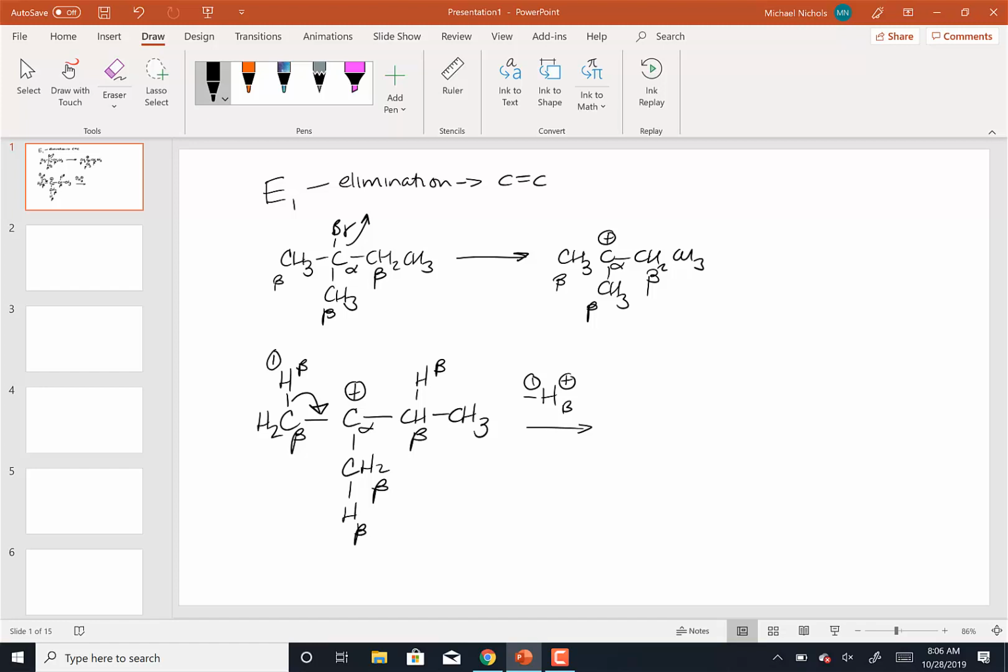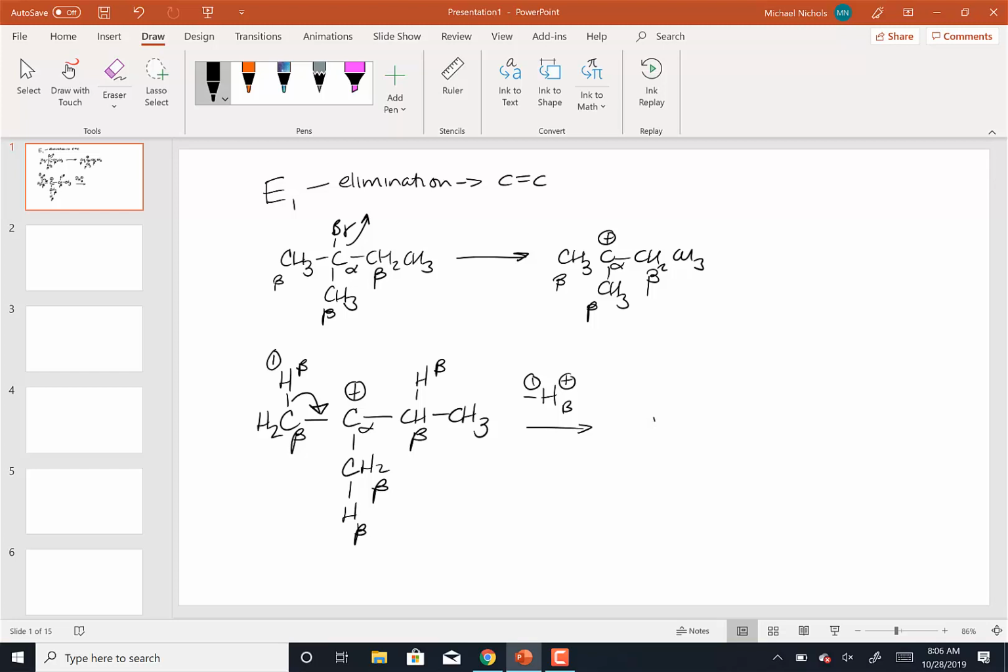The same way that we were losing H plus when it was attached to water or an alcohol when we were doing the SN1 reactions. Only this time I'm going to lose it as it's attached to the carbon. And then that carbon's going to take that lone pair and use it to form the carbon-carbon bond, which is going to get rid of the carbocation.